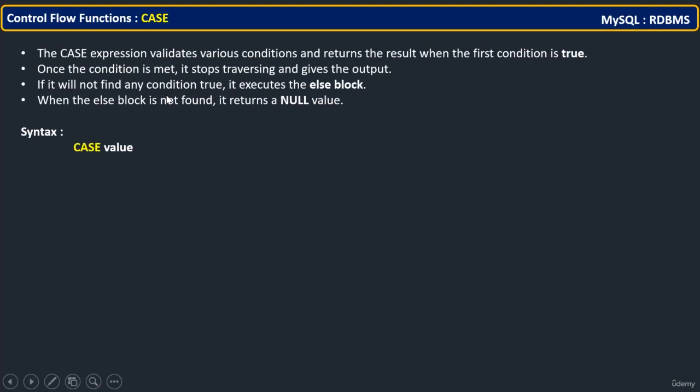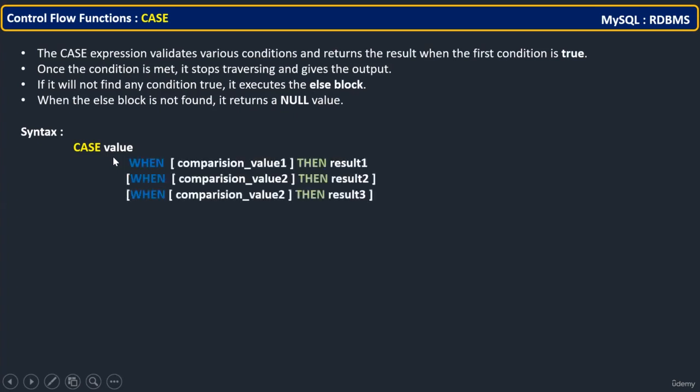If you see the syntax, CASE, here we provide a value. If this value is equal to comparison value 1, then it is going to give result 1. If this is not the same, then it comes to comparison value 2.